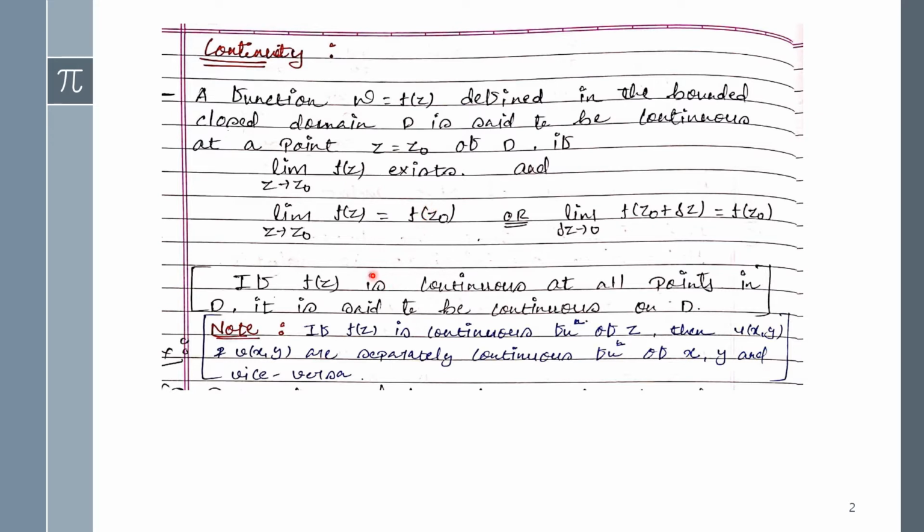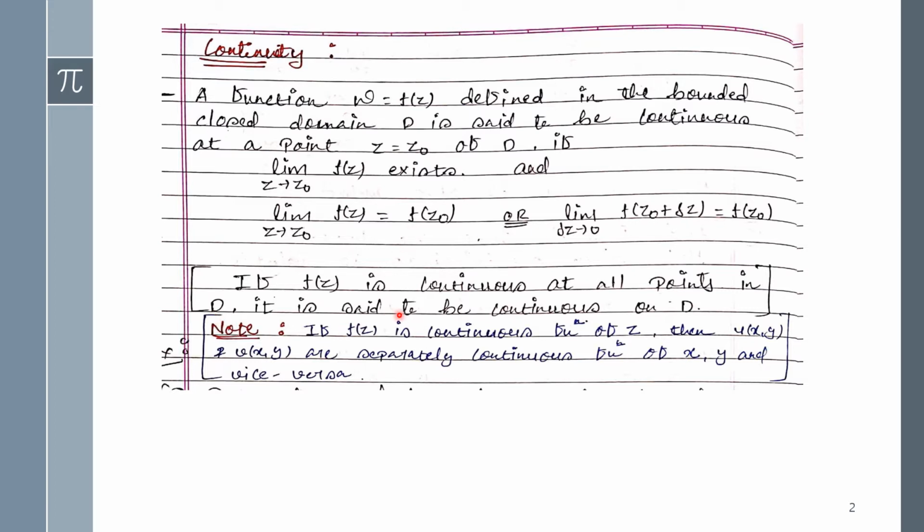So this is one of the definitions of continuity, where the limit is z tends to z0, and this limit should exist. Or else we can denote it as limit z tends to z0 of f of z equals f of z0, or limit delta z tends to 0 of f of z0 plus delta z equals f of z0.